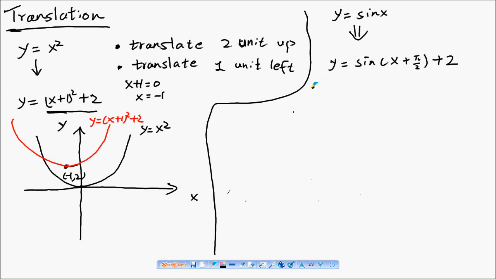There's also a plus sign inside the bracket, so it means there are two translations.